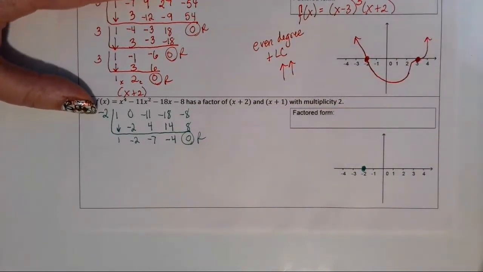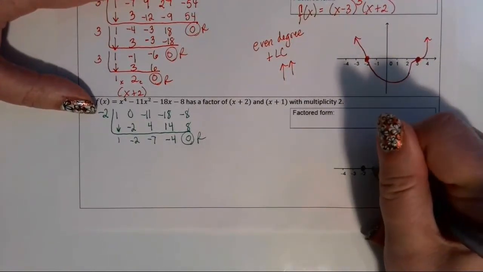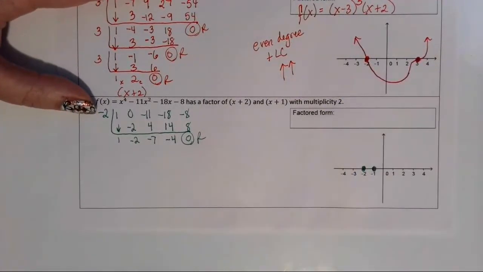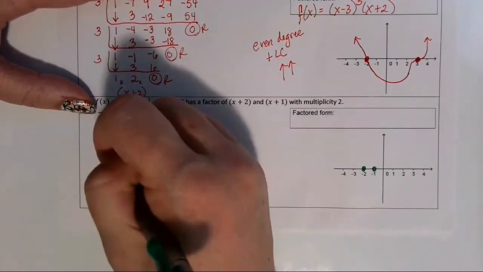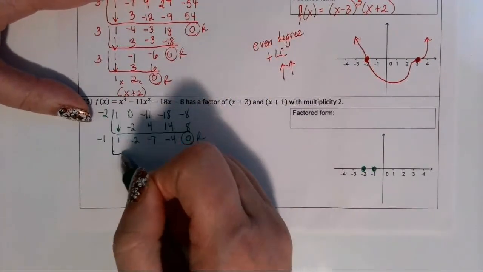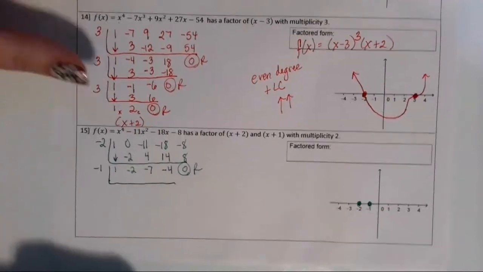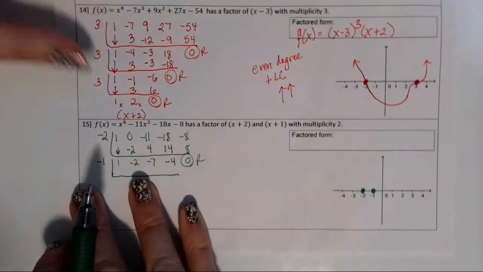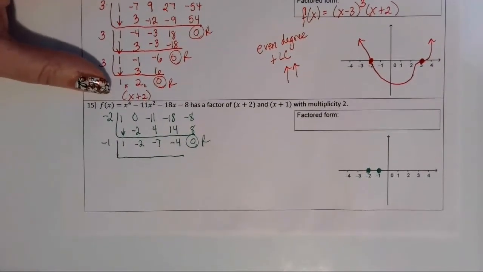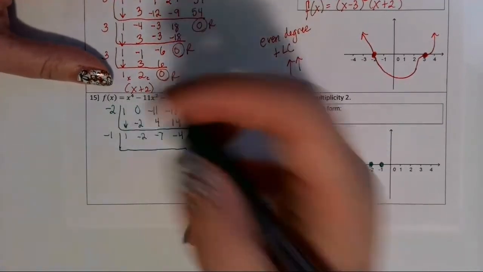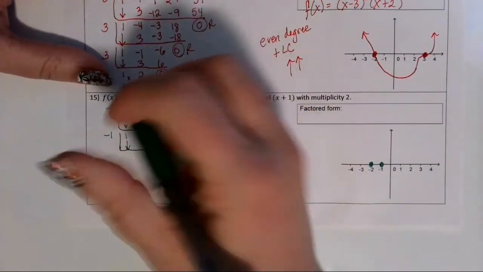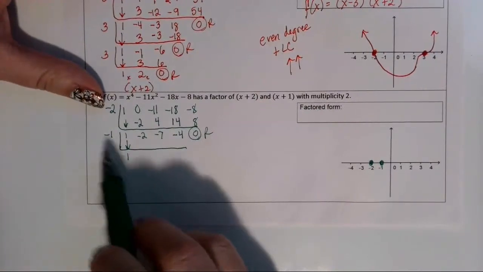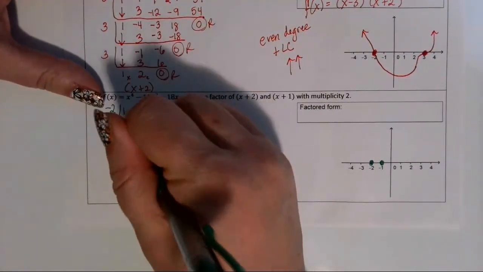So negative 1 is going to be a 0 on the graph. Our divisor here is negative 1, and that's a repeated root, so we'll end up using it twice in our synthetic division. But we can only do that one time per row, so let's start with this one. Bring down the first term, multiply. 1 times negative 1 is negative 1.